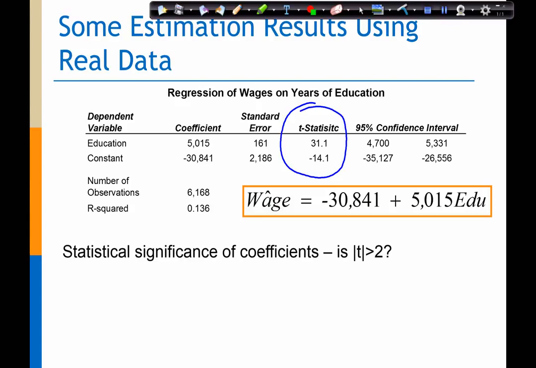So in this case, education has a t-statistic of 31.1. That's very large, and that means that education definitely impacts wages and should be in this model.